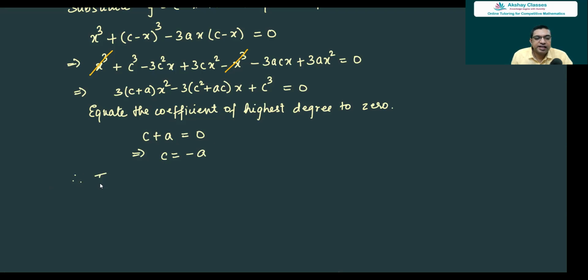Therefore, the asymptote is x plus y equal to c, right? So x plus y equal to minus a, which is x plus y plus a equal to 0.